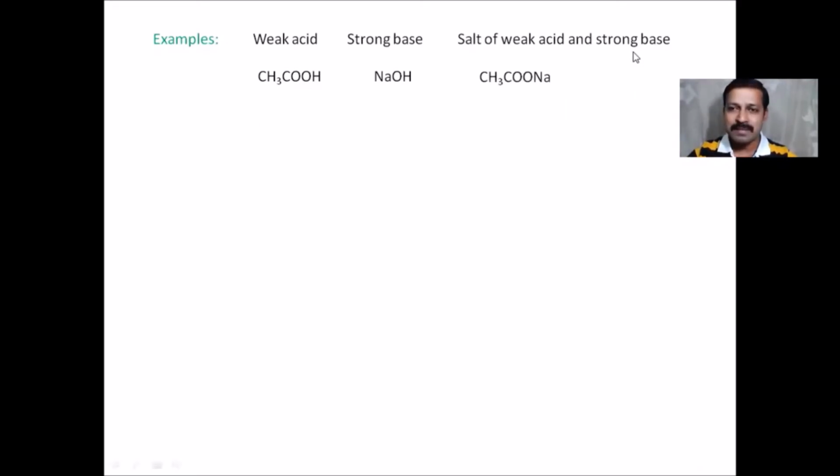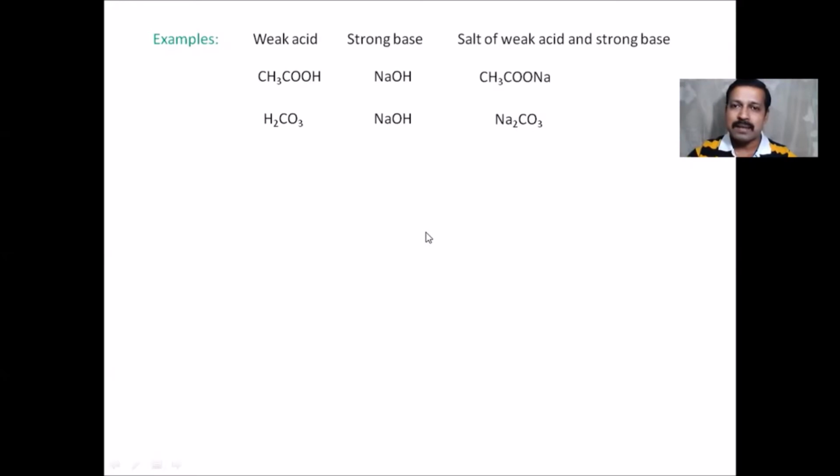Am I right? It was weak acid, it was strong base. Okay. Another example, carbonic acid, weak acid, strong base. Let me take again sodium hydroxide. Tell me what is the salt? That is sodium carbonate. So it is the salt of weak acid and strong base, and carbonic acid is a weak acid.